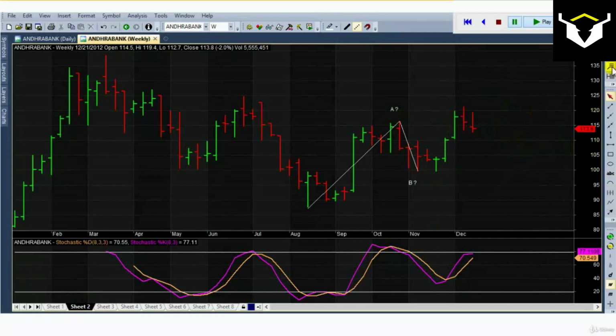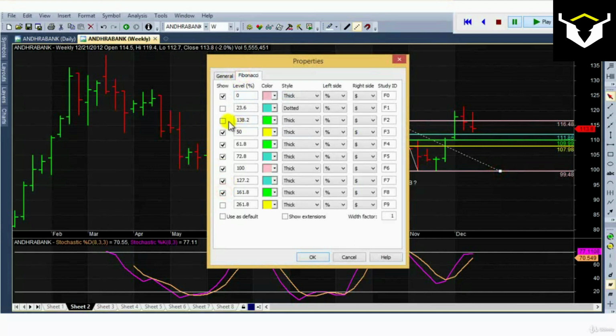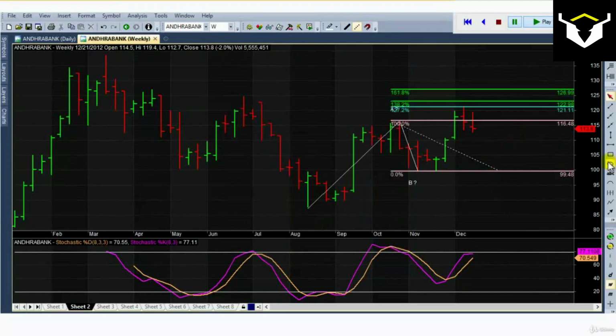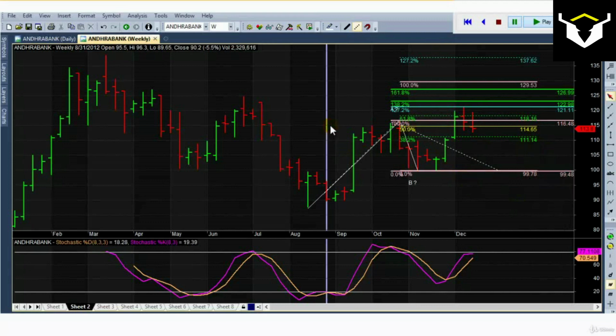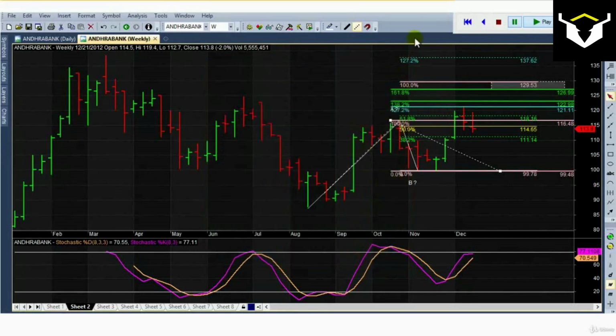Let's go ahead and add extensions. I'll use extension of wave C and ratios of wave A. So using extensions of wave C and ratios of wave A, we find a tight cluster at this level of 130 here, and next tight cluster is... there are no other tight clusters, I believe.